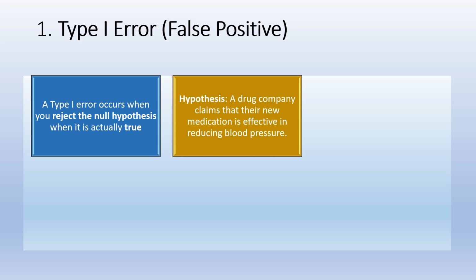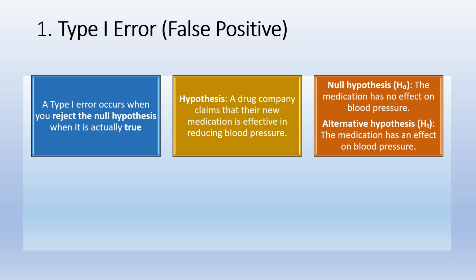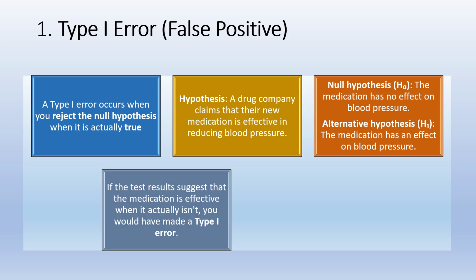For example, a drug company claims that their new medication is effective in reducing blood pressure. We set up the null hypothesis as the medication has no effect on blood pressure and the alternative hypothesis as the medication has an effect on blood pressure.